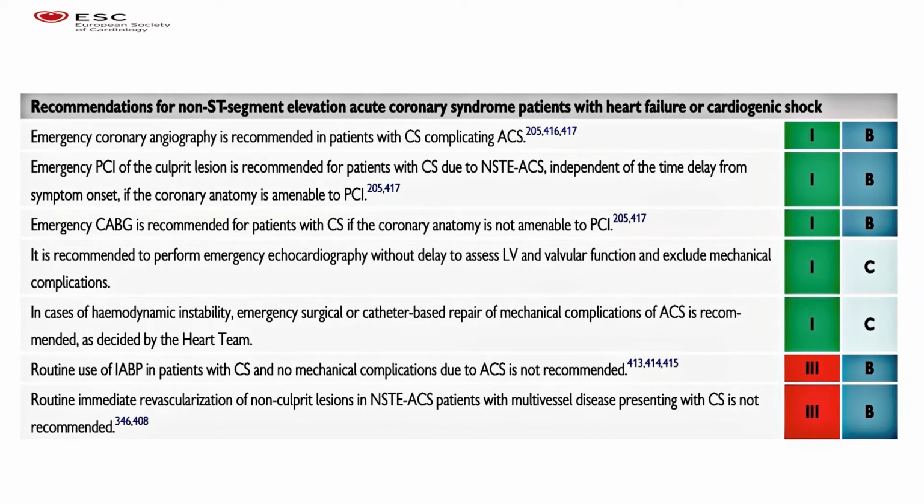Class 1 Level B. Emergency PCI of the culprit lesion, is recommended for patients with cardiogenic shock due to NSTEACS, independent of the time delay from symptom onset, if the coronary anatomy is amenable to PCI. Class 1 Level B. Emergency coronary artery bypass grafting is recommended for patients with cardiogenic shock, if the coronary anatomy is not amenable to PCI.